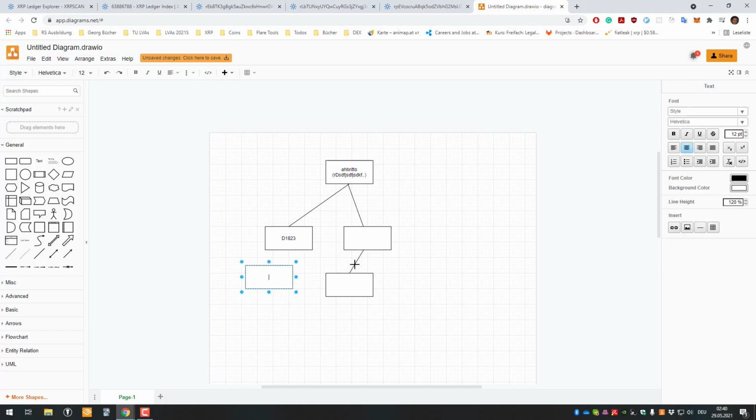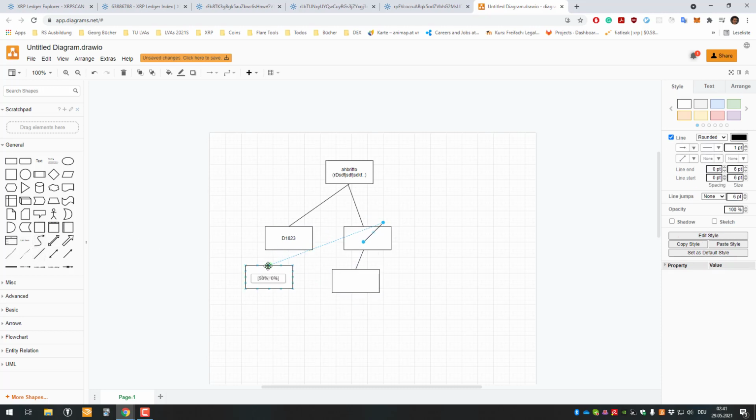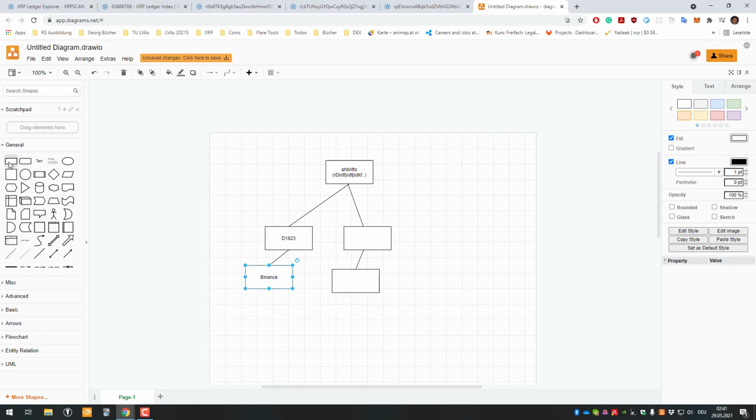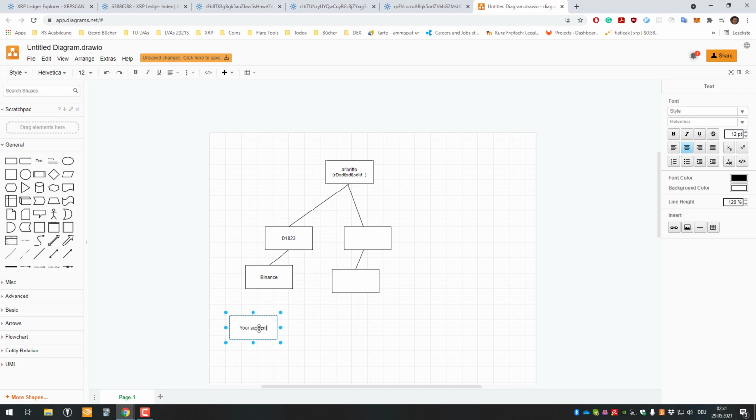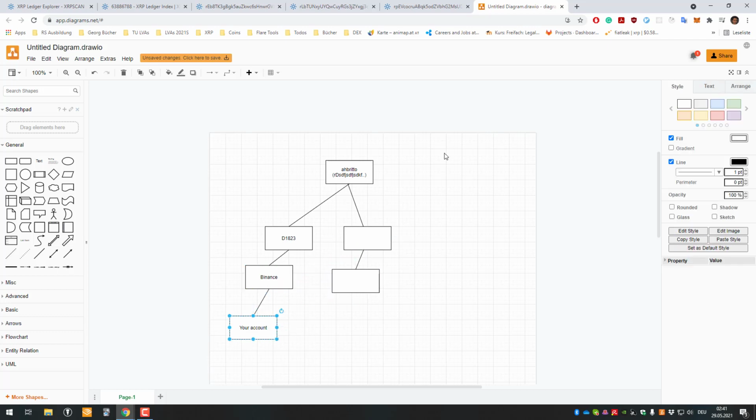So when you want, for example, let's say there's Binance now. And let's say you've gone into the Exodus wallet and said you want to create a new wallet address. Then you get that address and you want to activate your account. If you do that, then Binance activates you, more or less. So it's all still in sync with this tree structure. And people know when you create your account if you tell them your address.